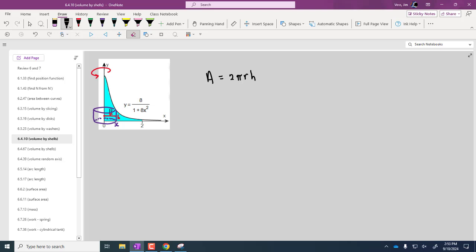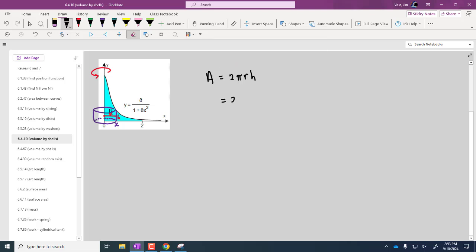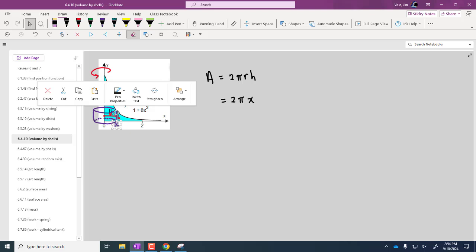So, 2 pi. What is the radius here? Just x. It's the distance from the axis of rotation. The distance to the axis of rotation for our element is exactly that x value. So 2 pi r, and then h is?